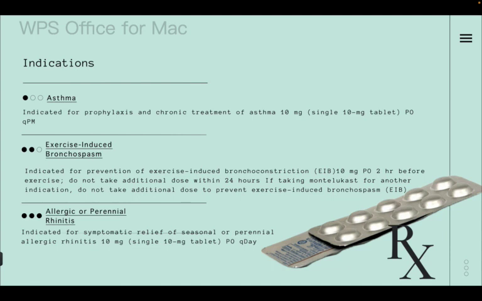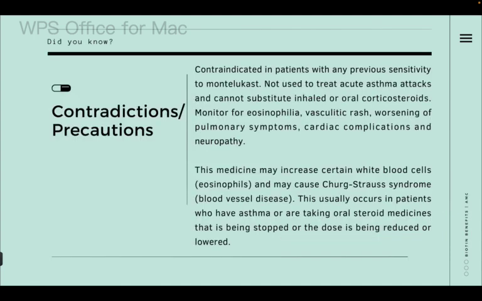Do not take an additional dose within 24 hours if taking Montelukast for another indication, and do not take an additional dose to prevent exercise-induced bronchospasm. Allergic or perennial rhinitis, indicated for symptomatic relief of seasonal or perennial allergic rhinitis. Again, a single 10 mg tablet per oral every day.